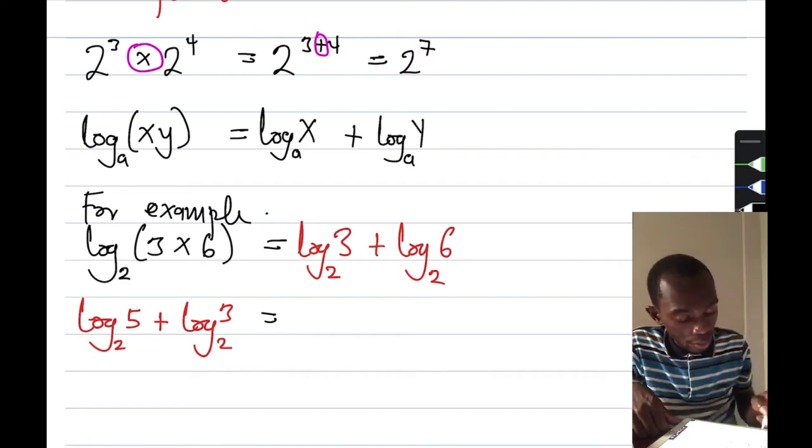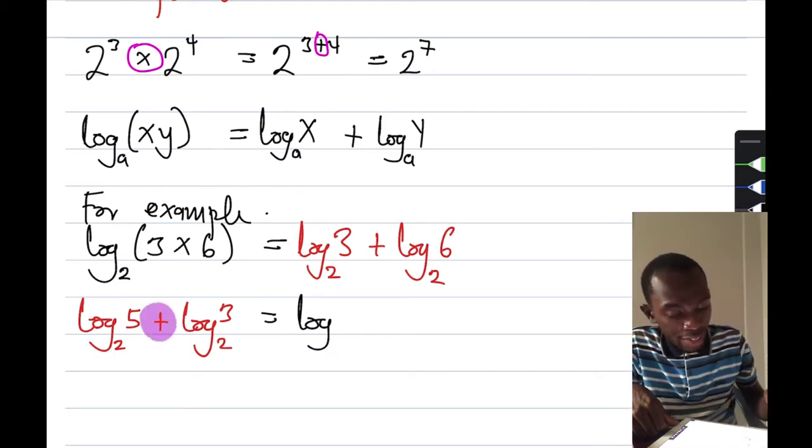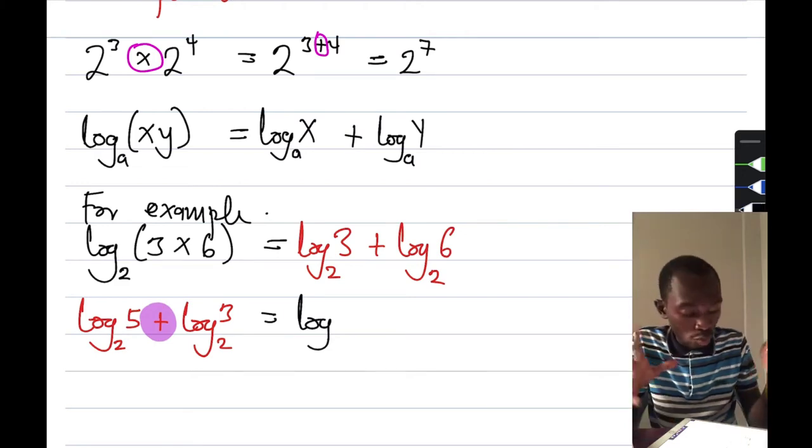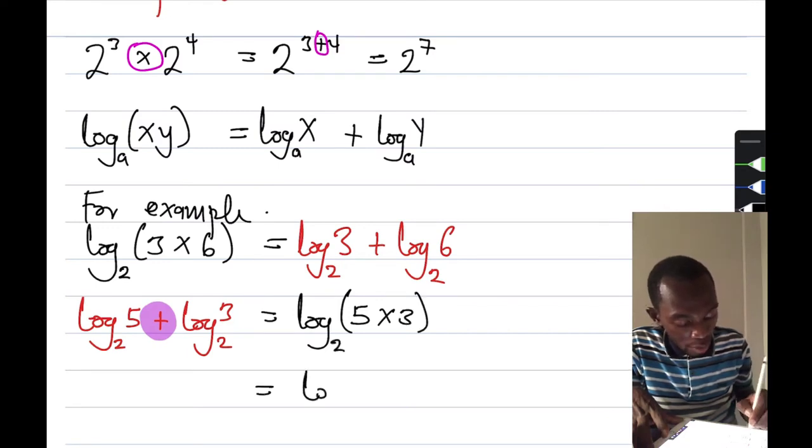Check them out. This is actually adding, so if it is adding, you have to multiply. Therefore, you have log 5 times 3 base 2, and that would give you log 15 base 2.